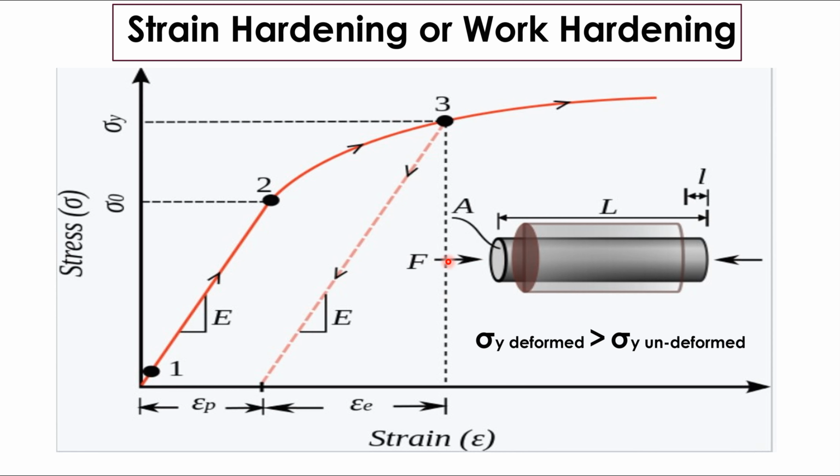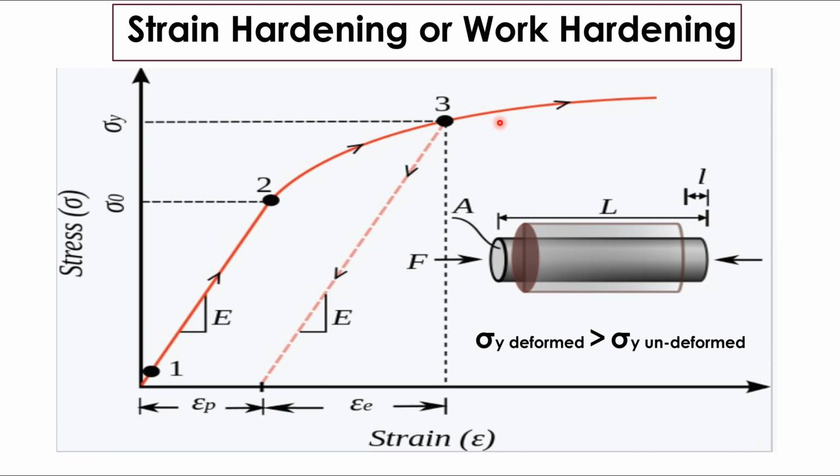As a common understanding, after strain hardening, the yield point of the material should decrease. However, the yield point of the material will increase due to strain hardening, as shown in the graph at point 3. When we unload the specimen after permanent deformation or strain hardening, in our case at point 3, that point now becomes the new yield point of the same material.